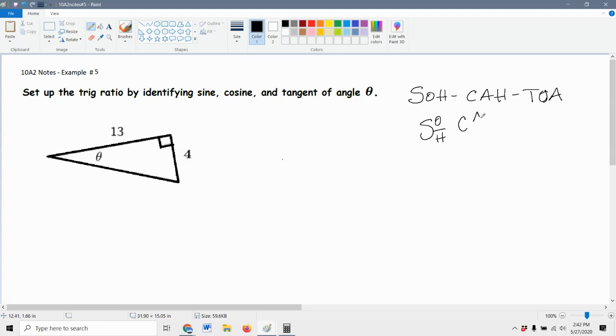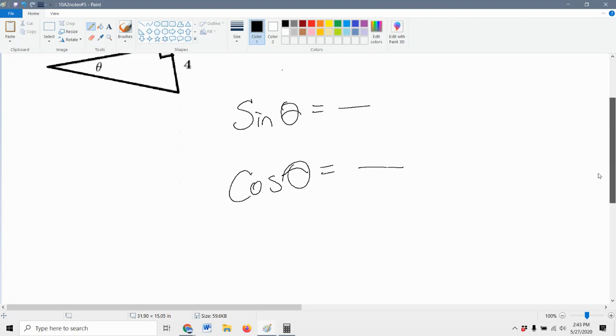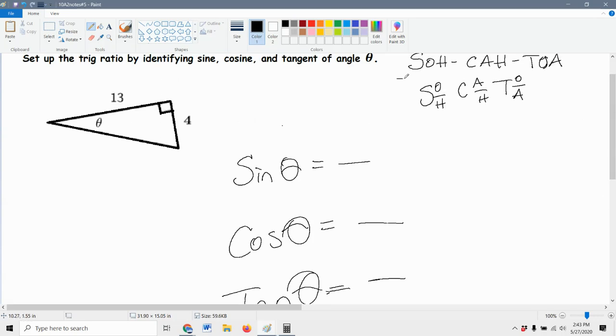This is a great way to remember the important trig identities, sine, cosine, and tan, so that when you're asked to give those ratios, you know that for the sine of theta you want a ratio, for the cosine of theta a ratio, and for the tan of theta a ratio, okay? And you remember that because you remember SOHCAHTOA, all right?